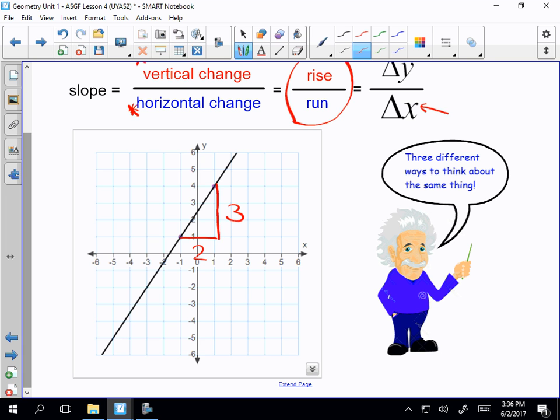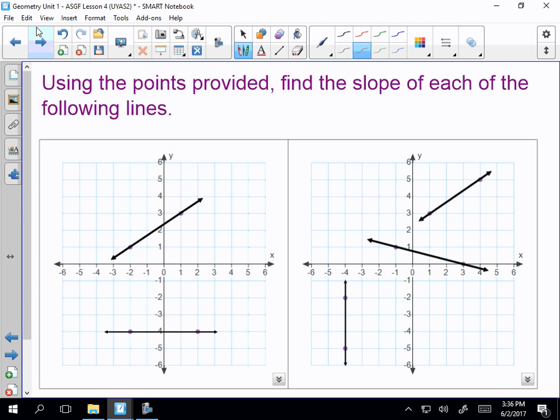So from left to right, I've got a positive 2 for the change in x, a positive 3 for the change in y. So my slope, which we call m, equals 3 over 2, change in y over the change in x.